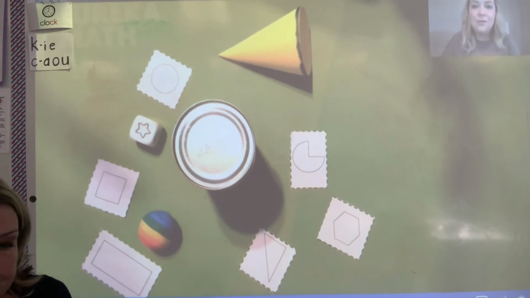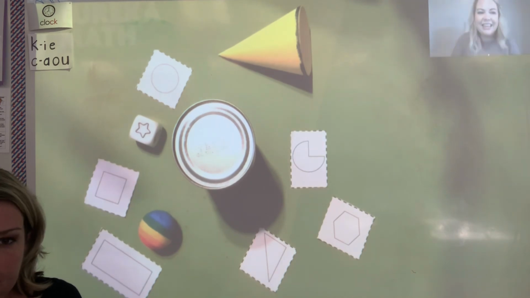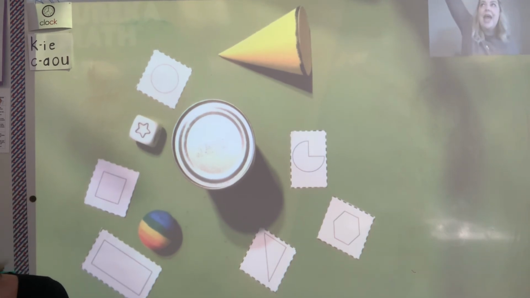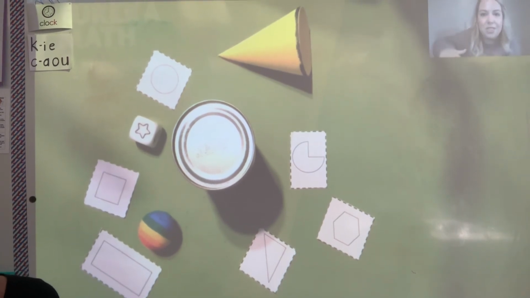Now I want you to stand up from your seat. Stand up. And now I want you to look at your shapes like we would look at them if we were a bird flying up above our workspace and looking down onto our shapes.